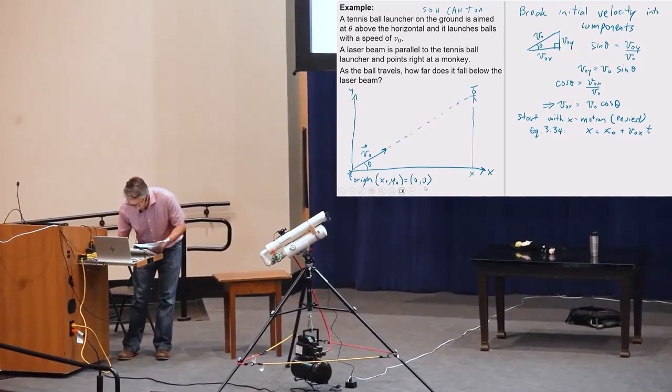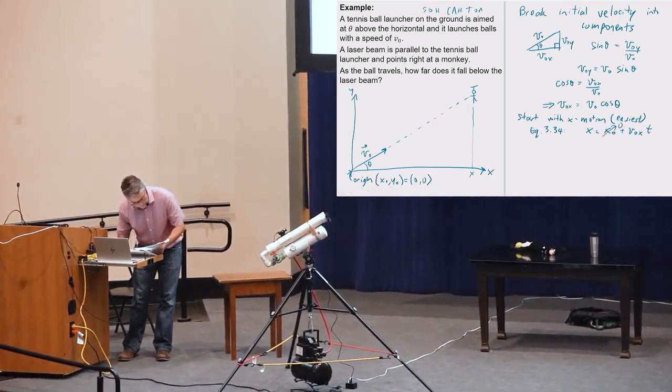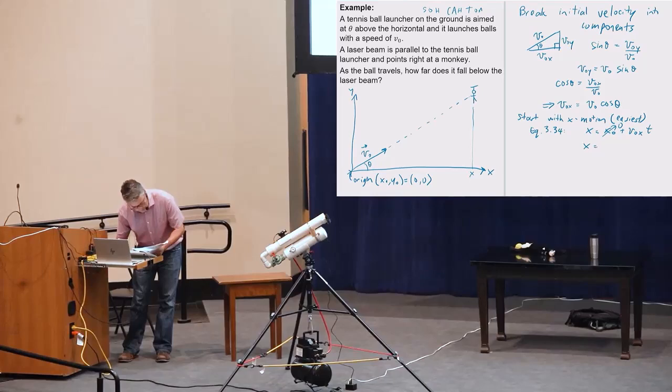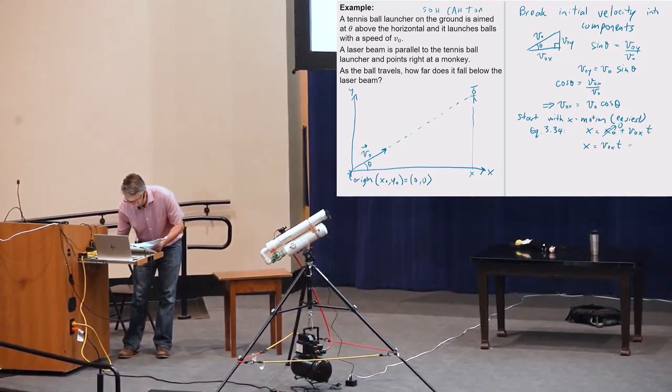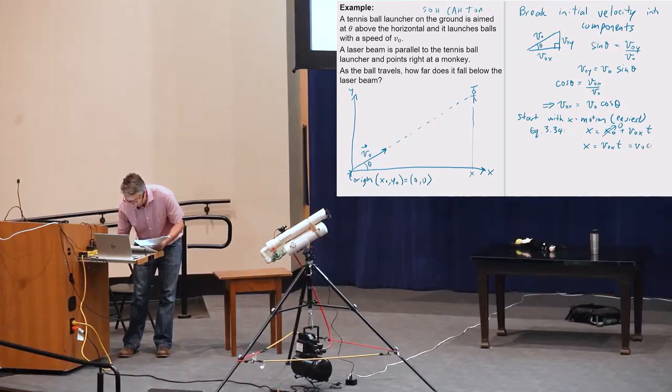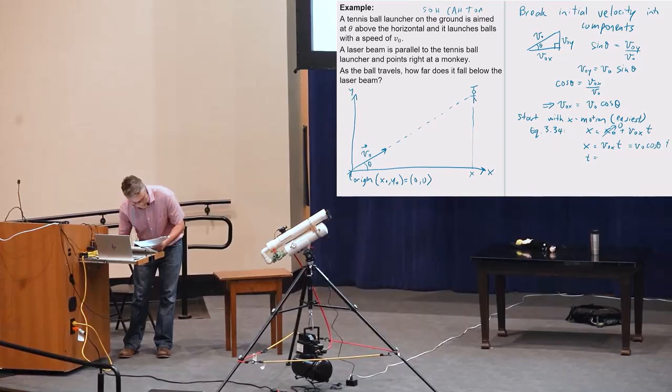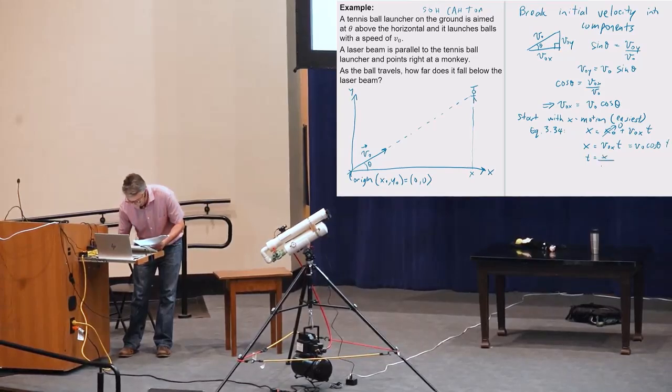Okay, and then this one equals 0, and you get that x is equal to v0x times t, which is actually v0, don't forget, cos theta times t. We can solve for t, and you get that t is equal to x divided by v0 cosine theta.